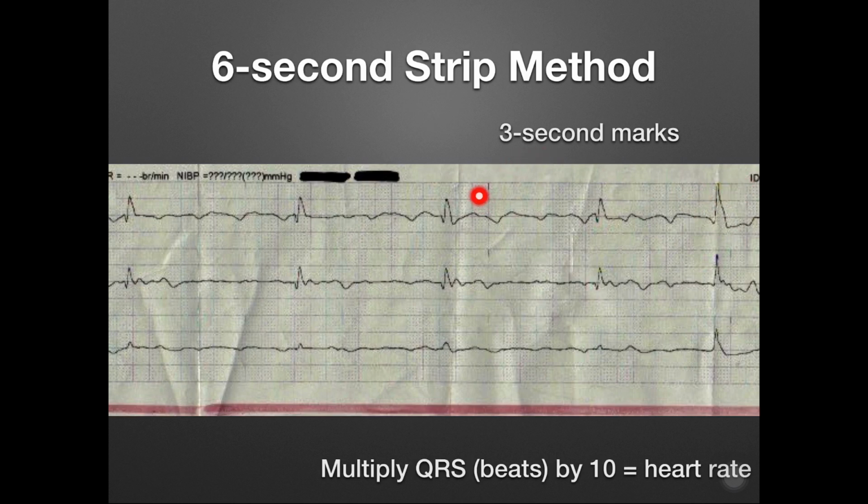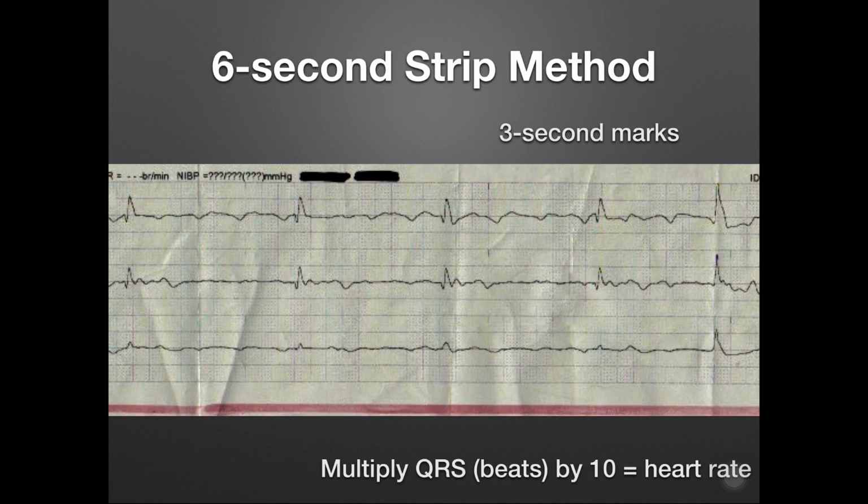So overall, we have 1, 2, 3, 1, 2, 3. Those are 6 seconds. This is a 6 second strip. So when we're trying to identify the rate, we can just take a quick look at the strip. We can identify we have 1, 2, 3, 4 QRS complexes in between these 3 second markers.